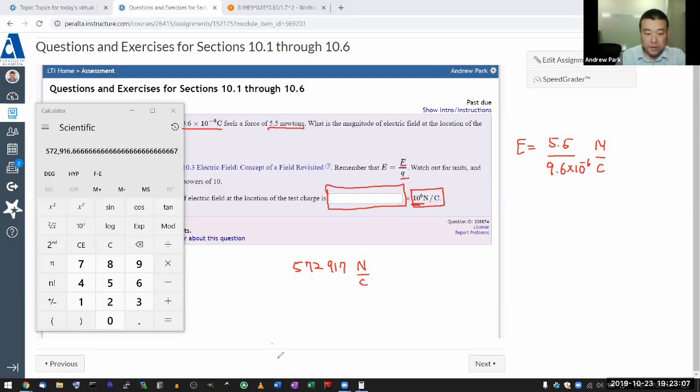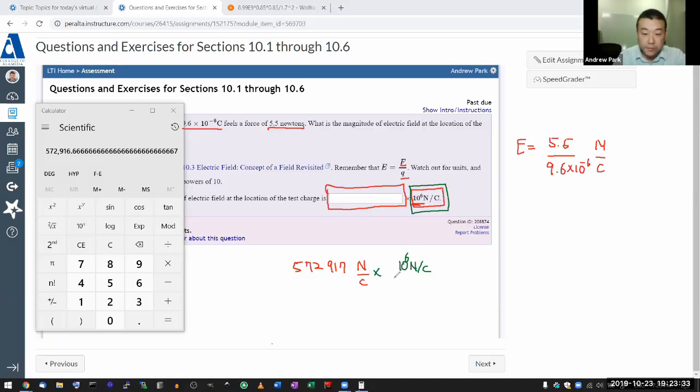And what you really need to do is convert this into this unit, 10 to the 6 Newton per coulomb. So what you are really doing is multiplying by, on the numerator, 10 to 6 Newton per coulomb. And if I'm just multiplying by that, then I'm changing my number, and I don't want that.